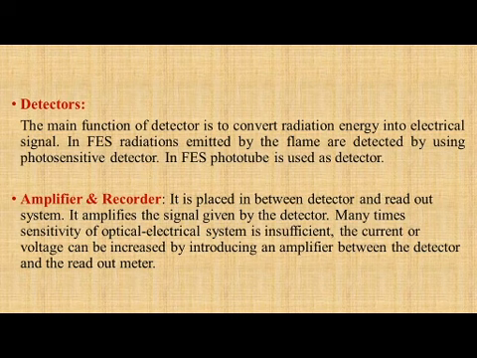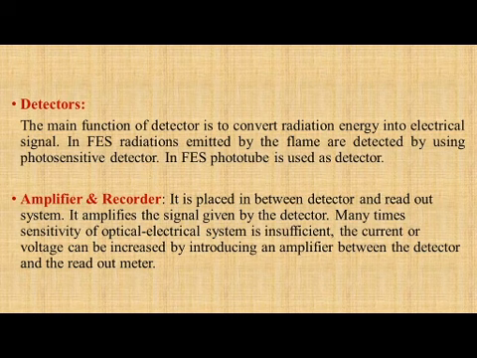In a flame emission spectrophotometer, a phototube is a very good detector and it gives very good results. There is no need to use a very high sensitivity detector such as a photomultiplier tube, because the radiations are emitted and have quite sufficient intensity for the measurement. So the phototube is the best detector in a flame emission spectrophotometer.